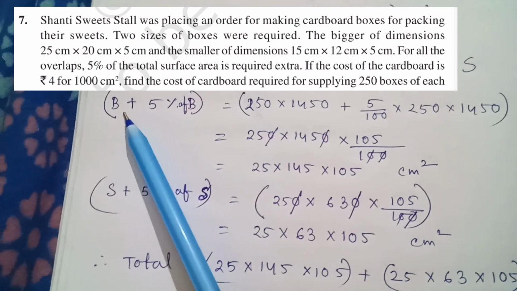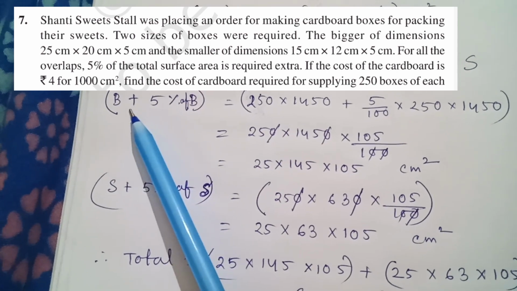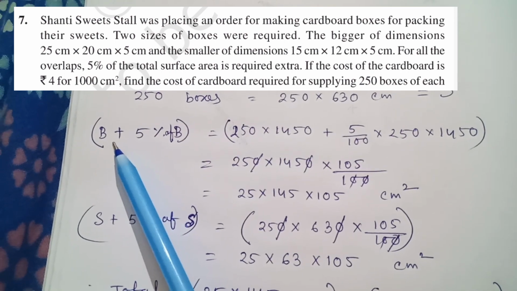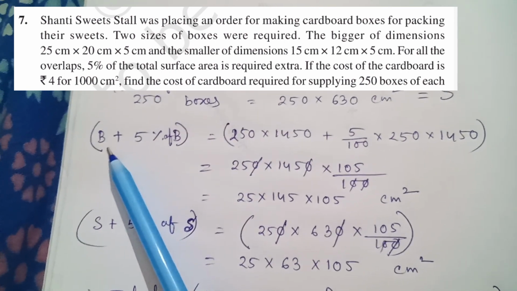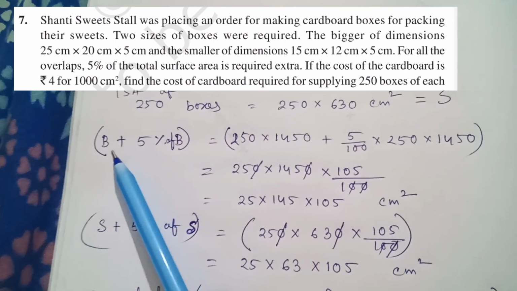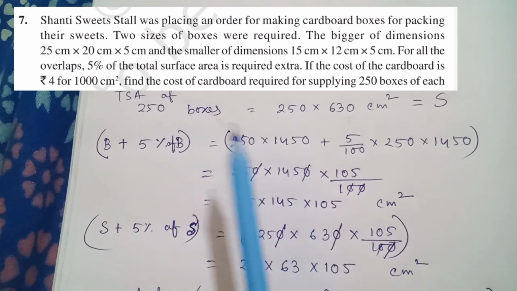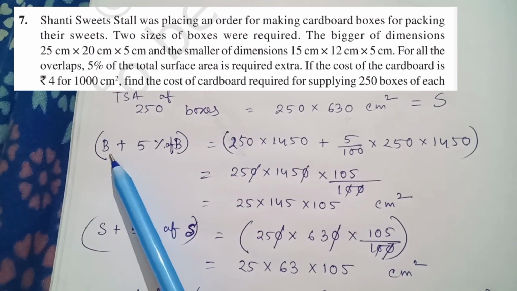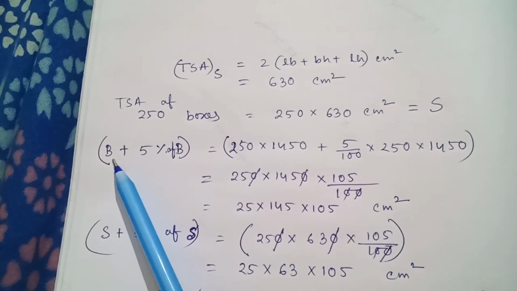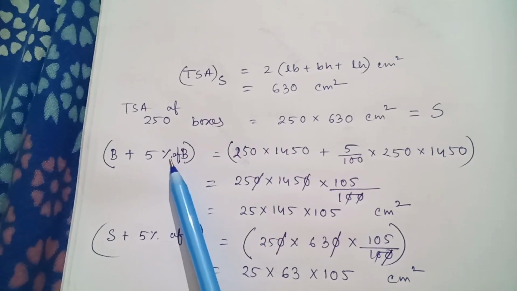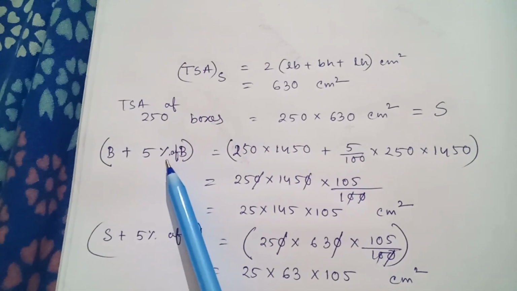So next calculation is, the question tells, look at the question again. The question tells that you have required total surface area and 5% of total surface area, that is wastage. So that also you have to buy.